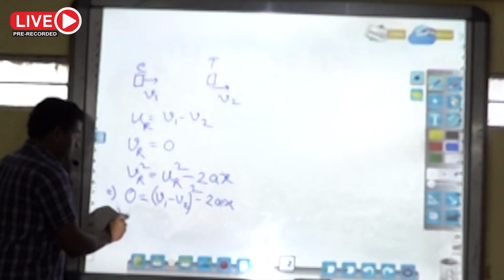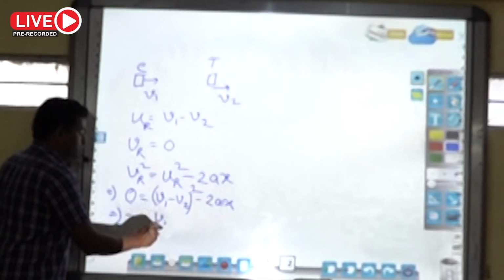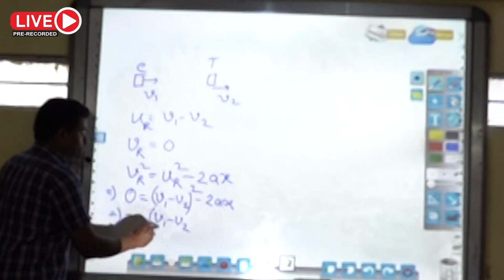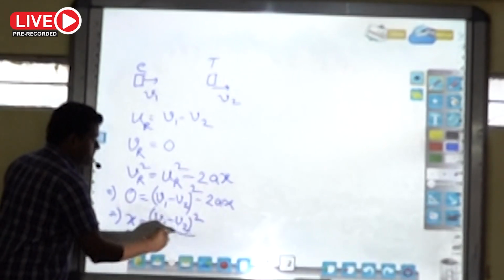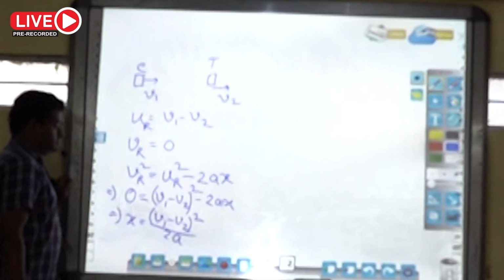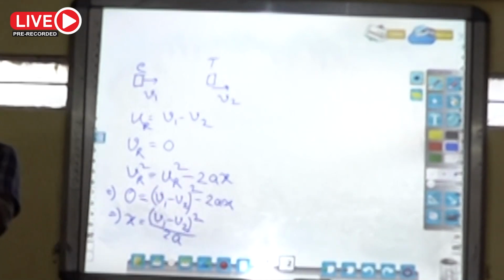So you can write X equal to V1 minus V2 whole square by 2A. So in this case, both the vehicles will touch each other.